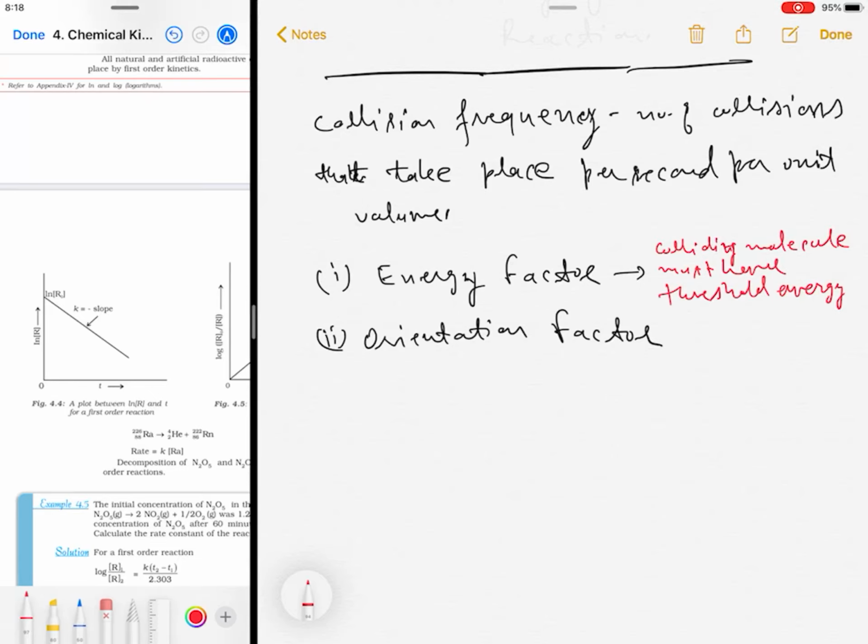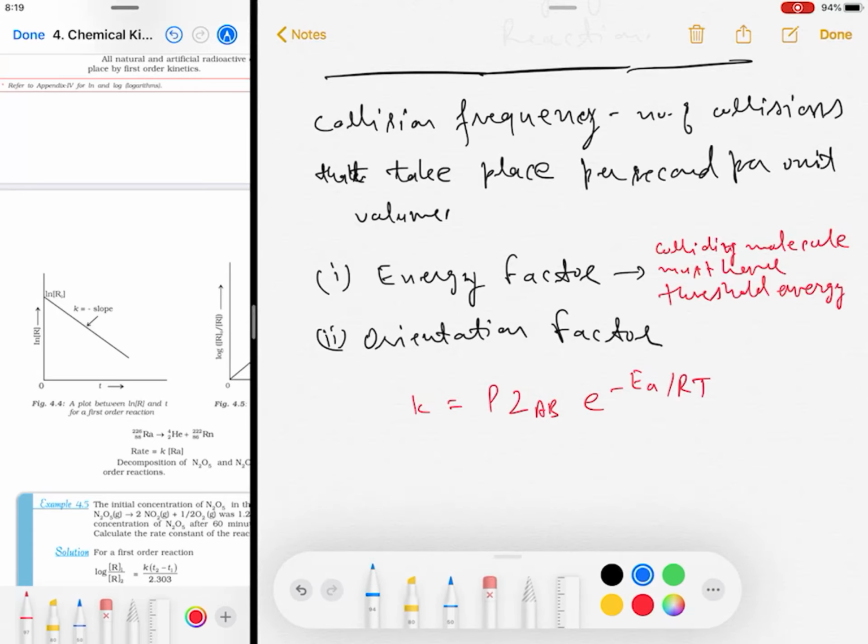Now, taking into consideration these factors, we can write the equation as k equal to P into Z_AB e to the power minus Ea upon RT, where P is known as the orientation factor or steric factor and Z_AB is the collision frequency. There are two different terms.